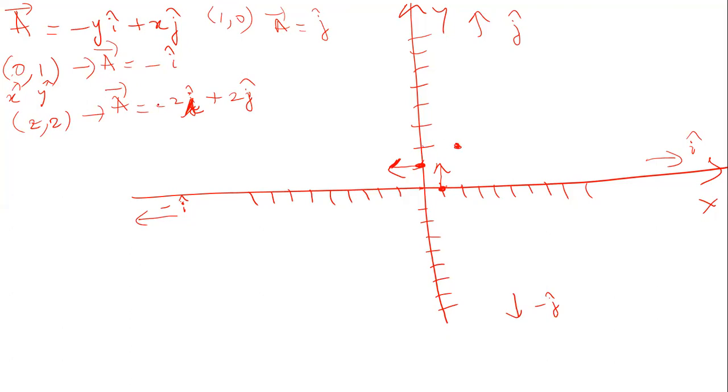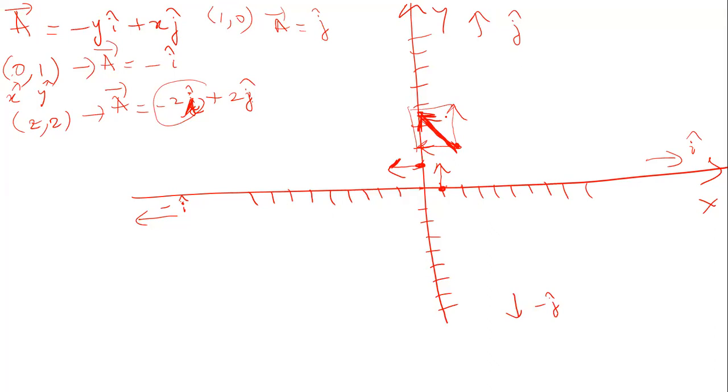At this point, you have a vector along minus of 2i. What is minus of 2i? This is minus of 2i, this is plus of 2j, and the resultant of this vector addition will be this. Draw a rectangle, and the diagonal of the rectangle will give you the resultant vector.